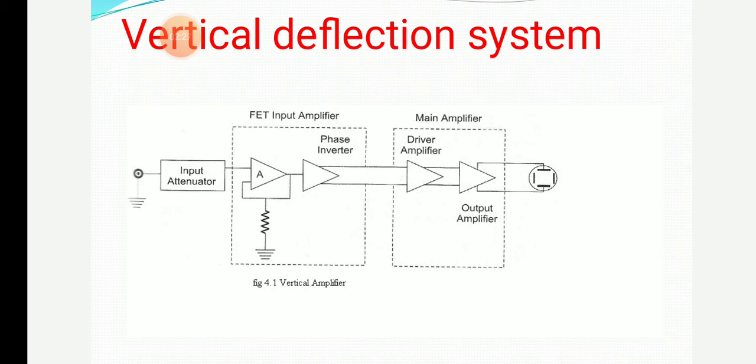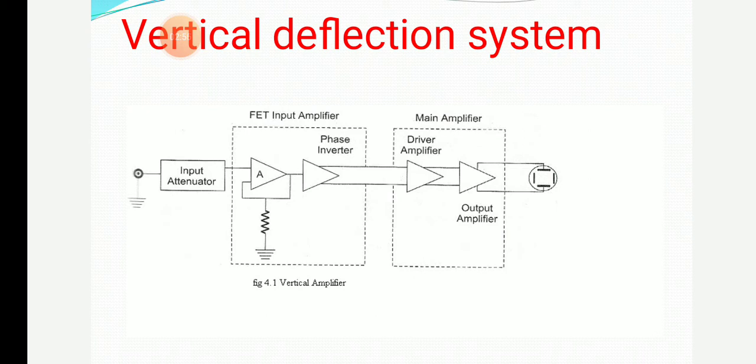Third point, the FET input stage is followed by a BJT emitter follower, which is used to match the medium impedance of the FET amplifier with the low input impedance of the phase inverter.